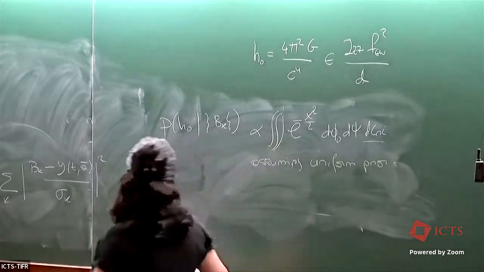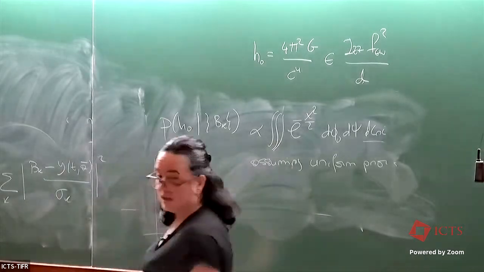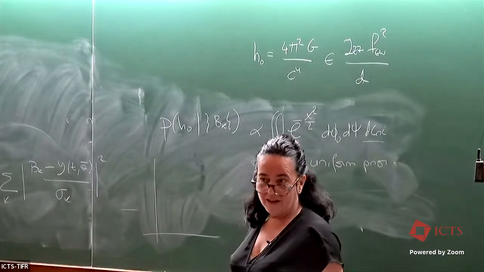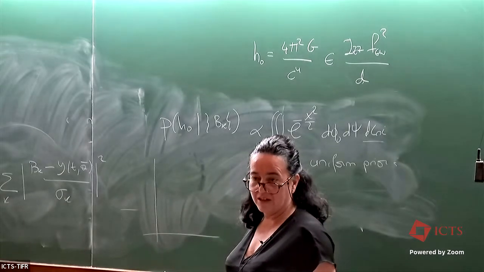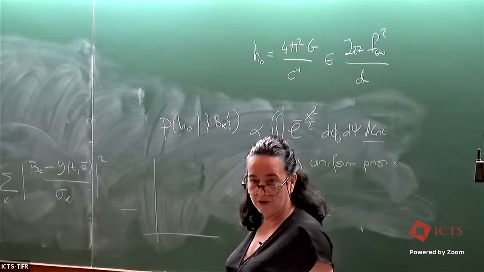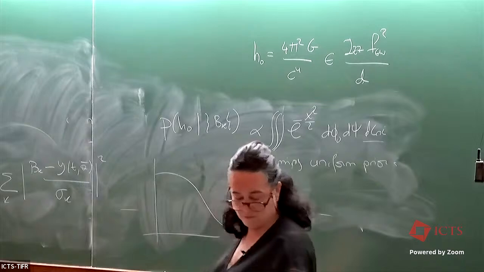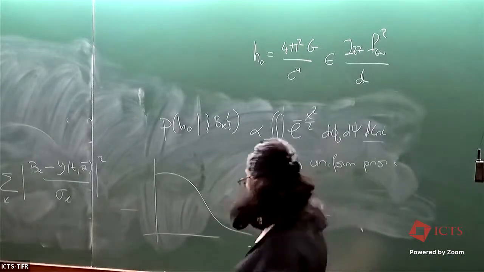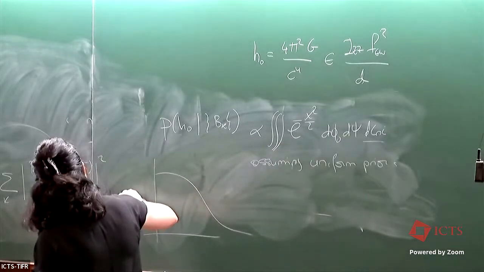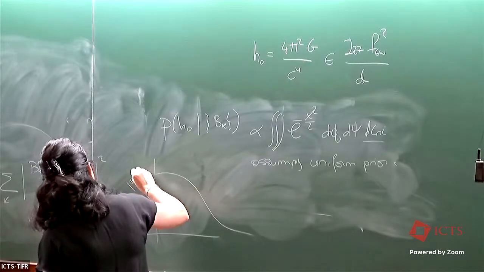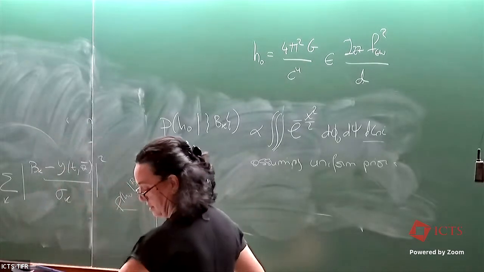I can plot what this looks like, and either I have a clear maximum, I might have made a detection and I can estimate the value of the amplitude, or I just get pictures like this, in which this is the distribution of A0 given my data values.